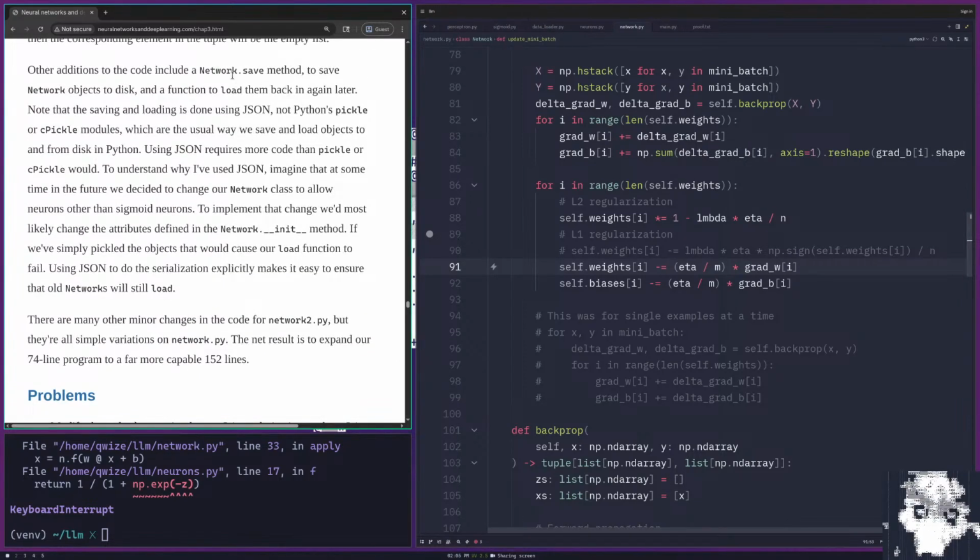Other additions include the save method. Yeah, I guess he didn't explain why he wants to have a save and load.